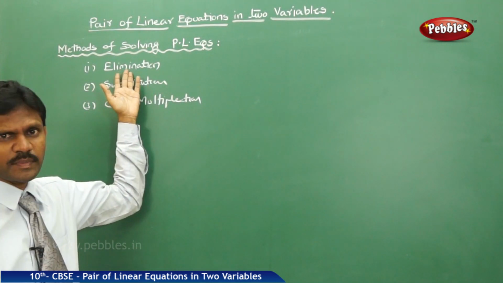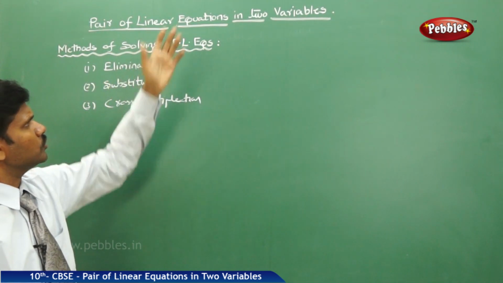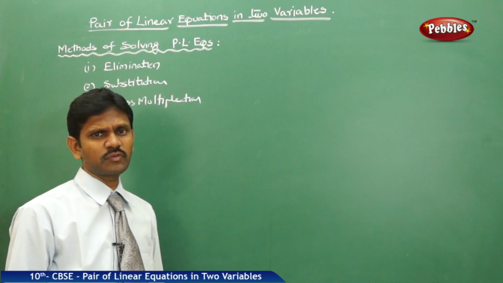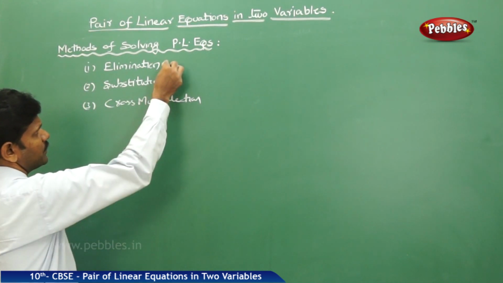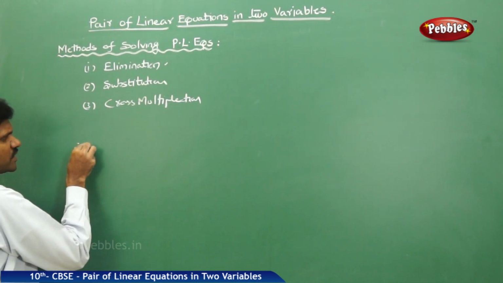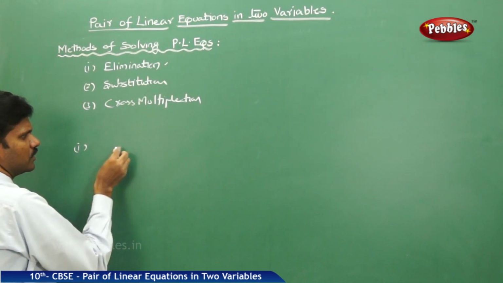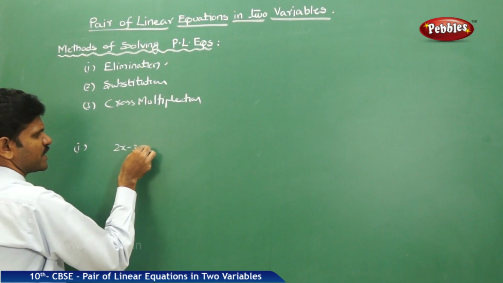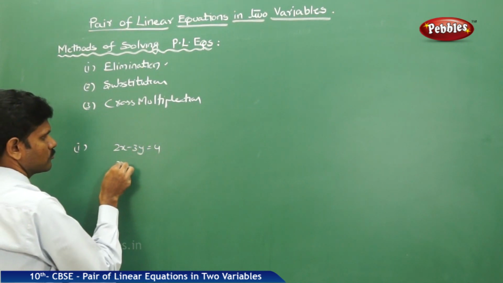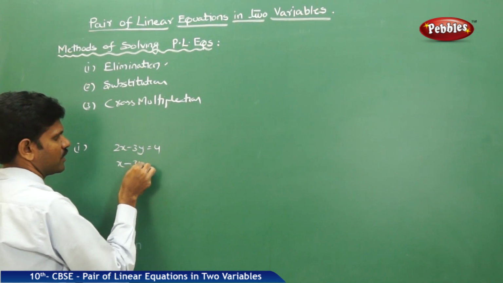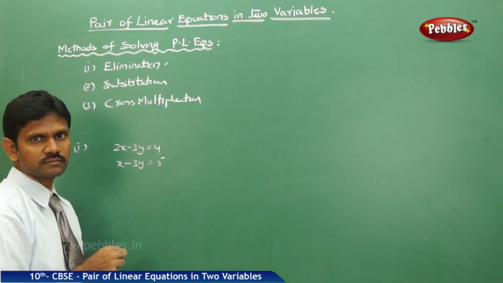What is meant by elimination method? In linear equations we have two variables, x and y. Let us suppose, in the elimination method, first case, for example 2x minus 3y is equal to 4 and x minus 3y is equal to 5.